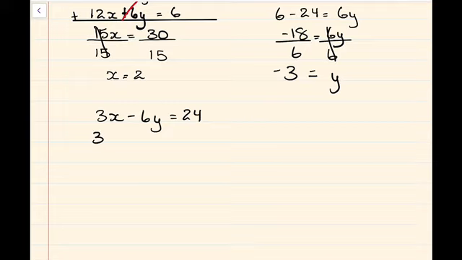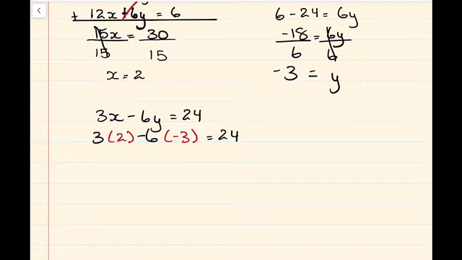So 3 times 2 minus 6 times negative 3, and that's equal to 24.